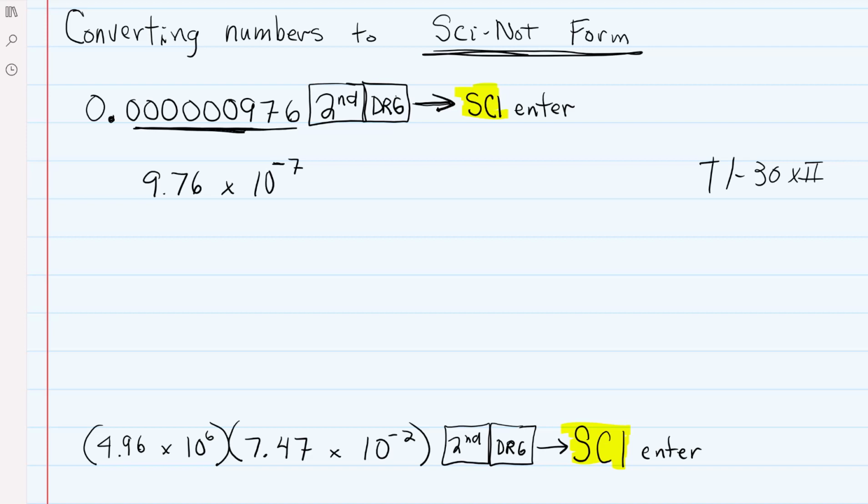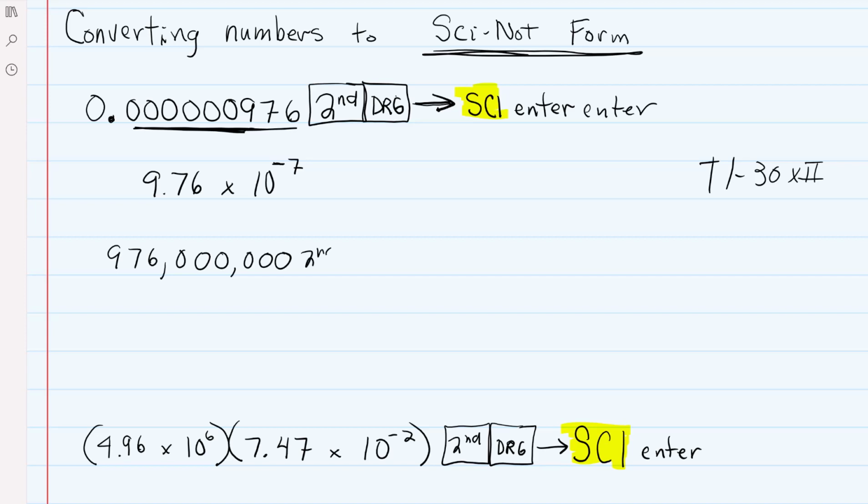So if you would have started off with a number that looks like this, just type that into the calculator. And you can go ahead and read what that number is, but if you need it to be written in scientific notation, you do the same thing. You type it in, hit second, DRG, arrow over till it says scientific notation, hit enter, and you may have to enter twice.